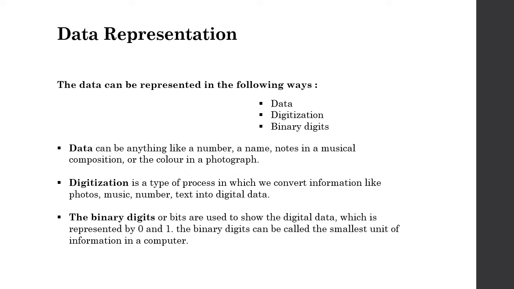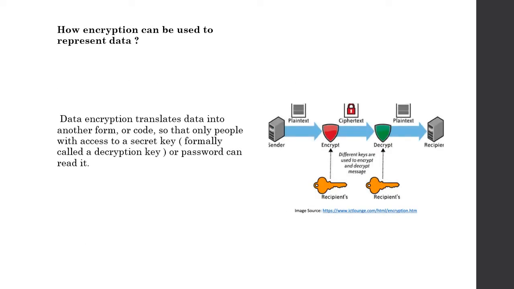Now we will see data encryption, and how encryption can be used to represent data. Data encryption translates the data into another form or code so that only people with access to the secret key, formally called the decryption key or password, can read it. In this picture you can see how encryption is represented.